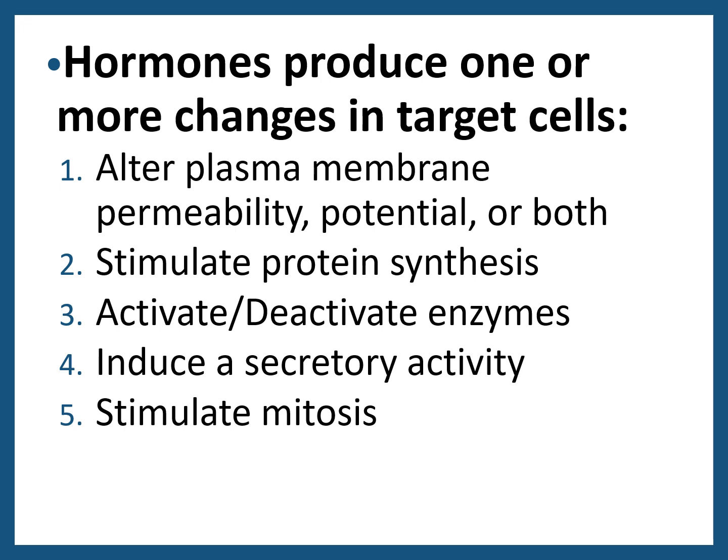The first is that they can change the plasma membrane permeability and allow some substances in, or maybe prevent substances from entering the cell, or it could change the potential or the charge of the cell. It could stimulate protein synthesis, transcription and translation. It could also activate or deactivate enzymes.